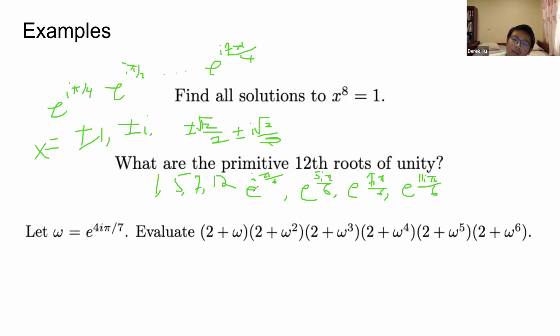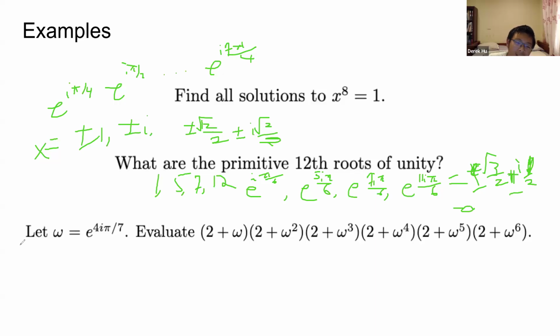And then this is equal to root 3 over 2 plus i over 2, and just plus or minus these.